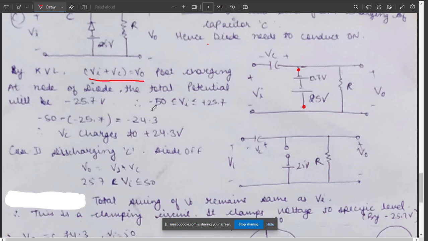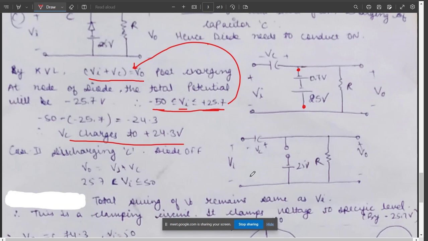So when our Vi goes from minus 50 to plus 25.7, in the negative cycle, we put this here and find the value of Vc. Vc will be charged to plus 24.3 volts.